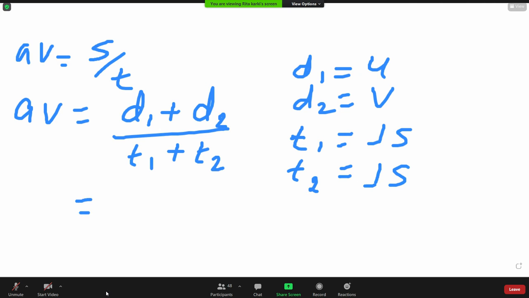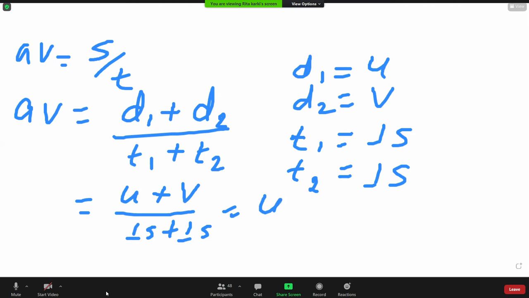Now replacing d1 plus d2 and t1 plus t2 with these values: d1 equals U plus d2 equals V, upon 1 second plus 1 second, is equal to U plus V upon 2.